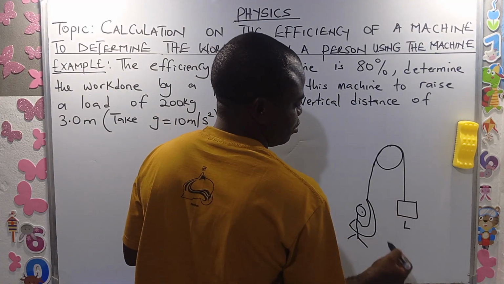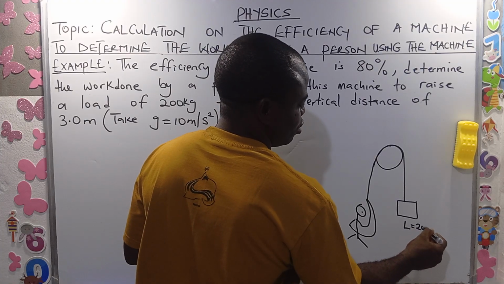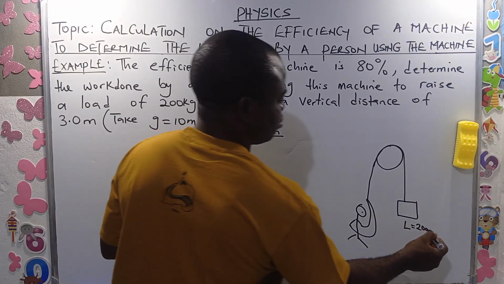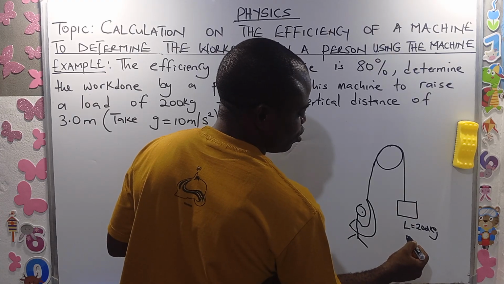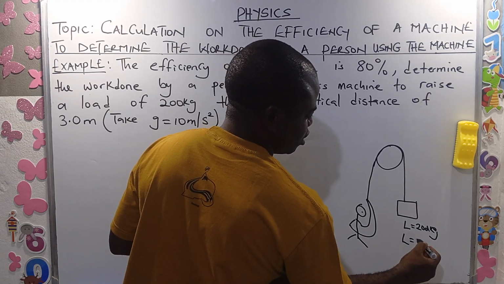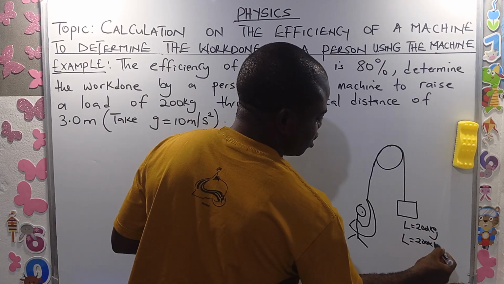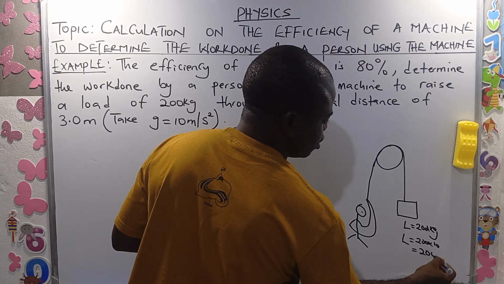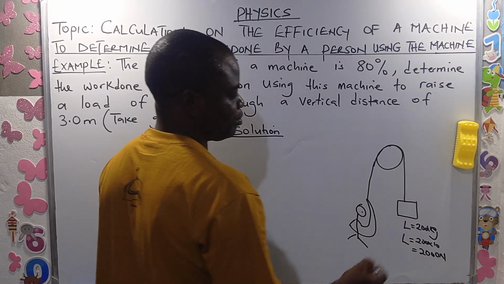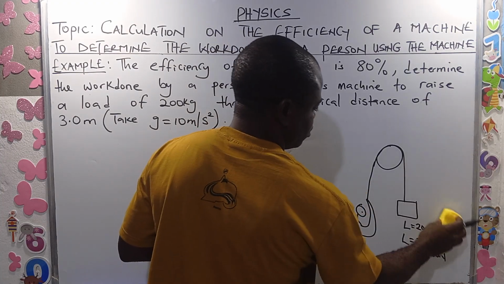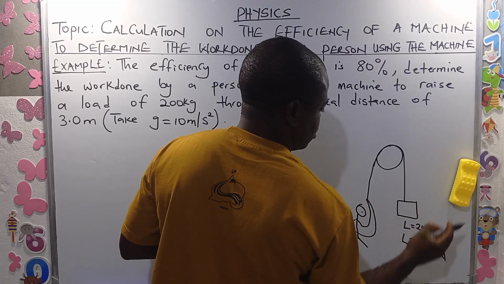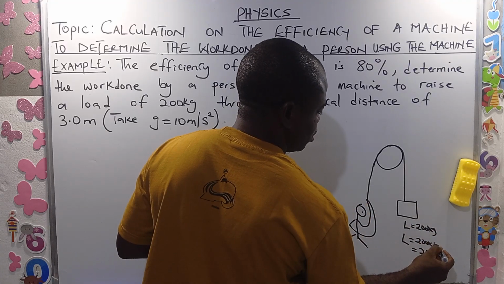This is the load, that's 200 kilogram, but you have to convert it to weight by saying 200 times 10, which is 2000 Newton.